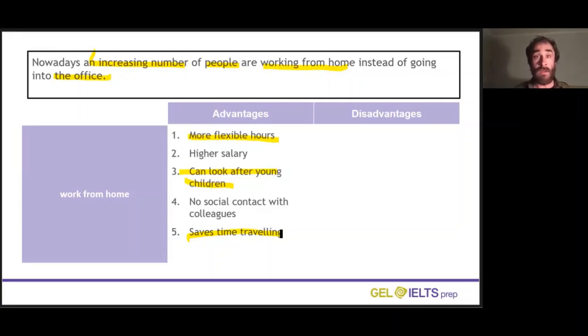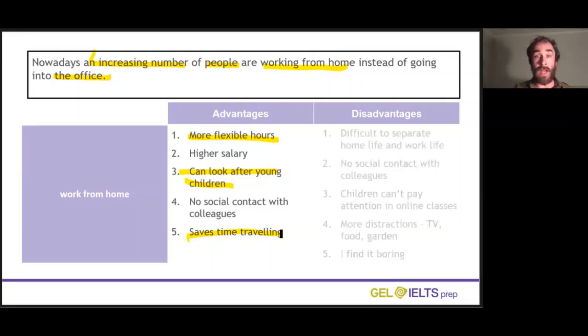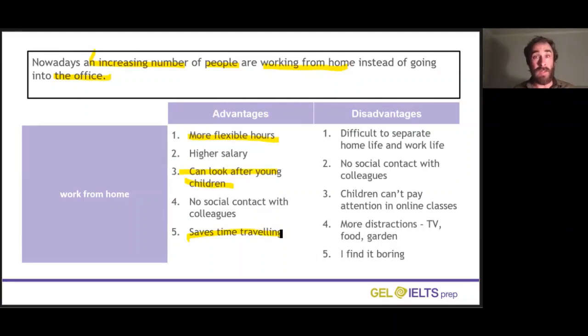For my second body paragraph, I'm going to talk about the disadvantages. I'm going to show you 5 possible disadvantage arguments. Again, I'd like you to choose 3 which are suitable for our essay. Number 1, it's difficult to separate your home life and your work life if you work at home. Number 2, no social contact with your colleagues. Number 3, children find it difficult to pay attention in online classes.